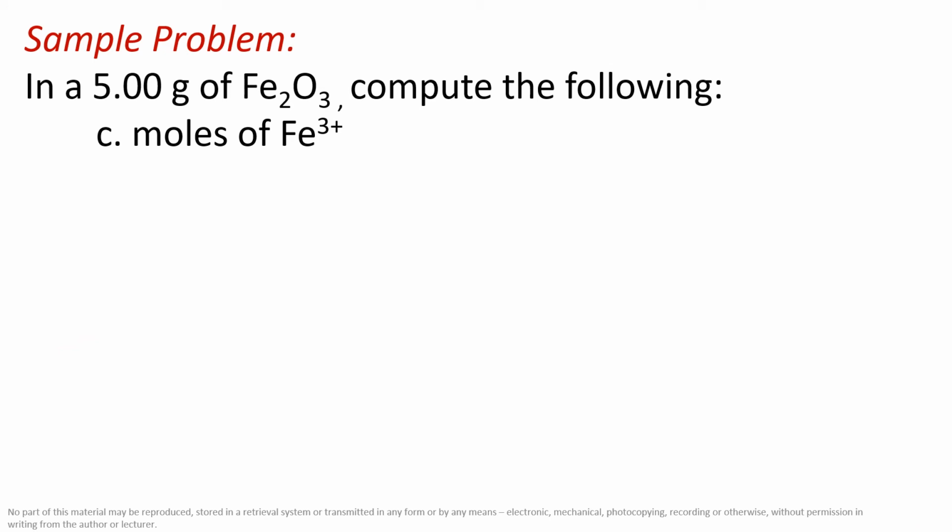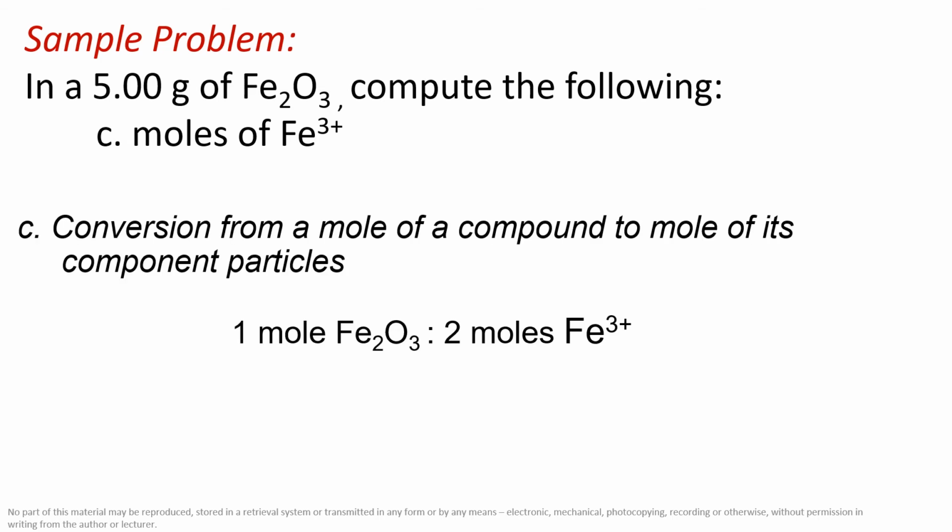In every 5 grams of ferric oxide, how many moles of iron are there? To be able to calculate this, we have to get the conversion from a mole of a compound to moles of its component particles. When we're talking about component particles, we're dealing with the elements that make up that specific compound.